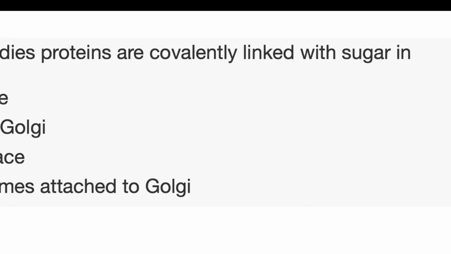Okay, Shanmuga is saying option C. Let me reveal the correct answer to this question. The correct answer is option B, medial Golgi. So only Kashiram has answered correctly. Prashanti and Shanmuga, better luck next time. But option B is the correct answer, medial Golgi.